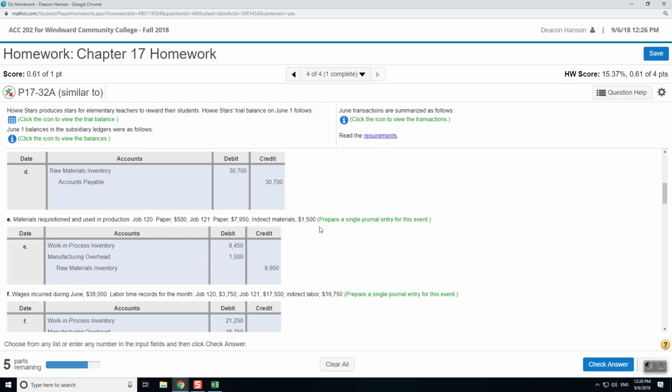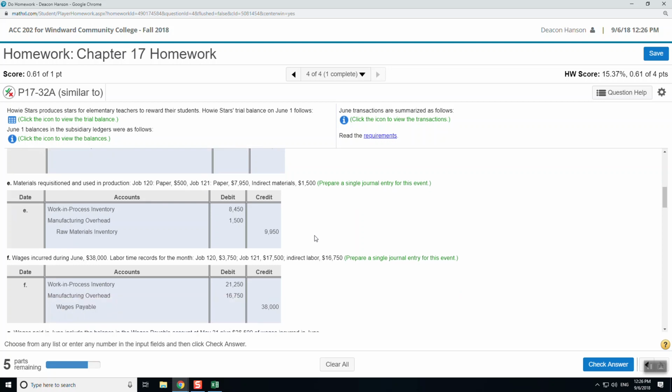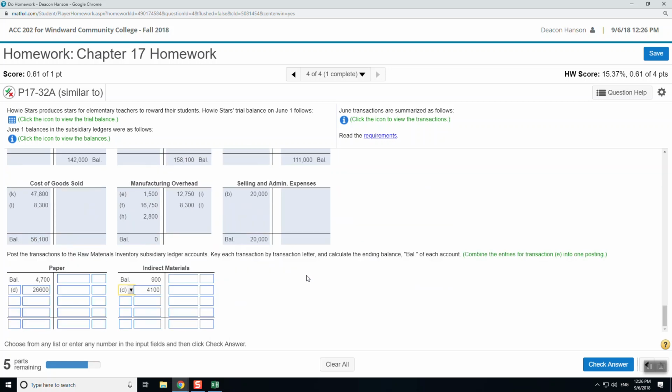Okay, so that's going to be the credit to the accounts. So I got to remember 8,450 and 1,500. And that was E at 1,500. You see what I'm doing? Does that make sense? It's getting into a little more detail of what's happening in that raw material account.